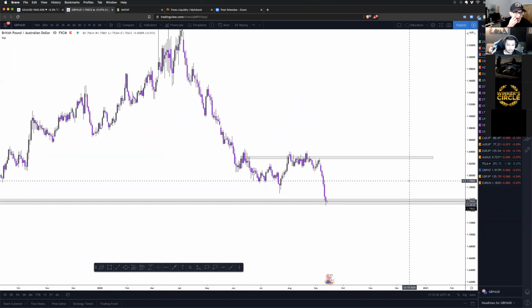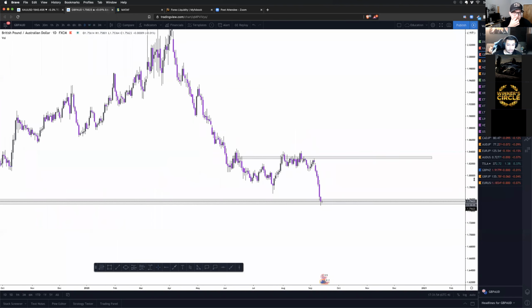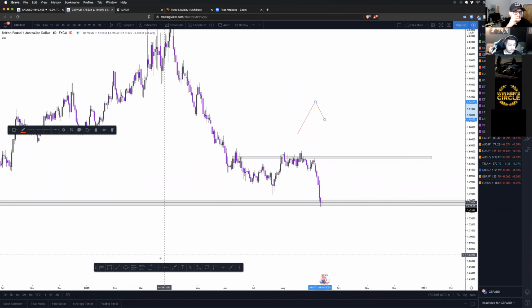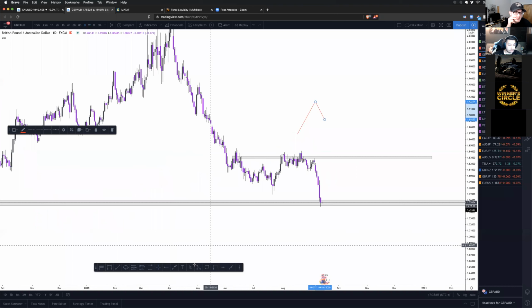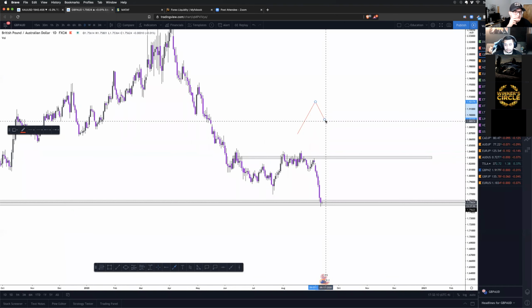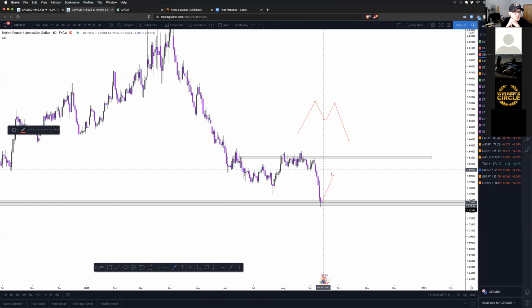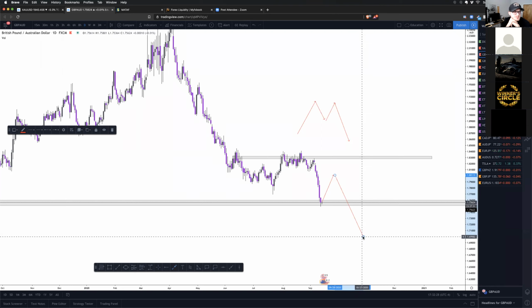Okay, so with trading, like we covered in market structure, price has to create lower lows, lower highs in order to continue moving. Price can't just move in one direction and not pull back whatsoever. So I'm expecting to see a pullback this week to form that lower high before price potentially continues down lower.